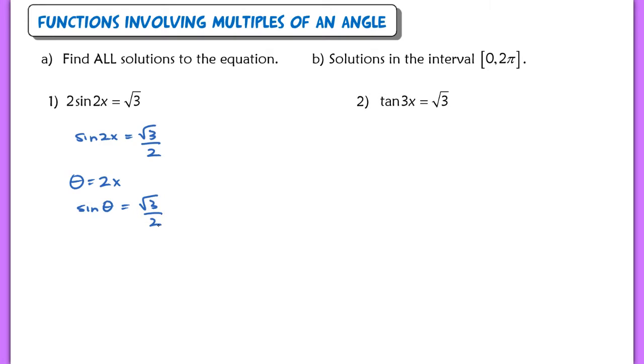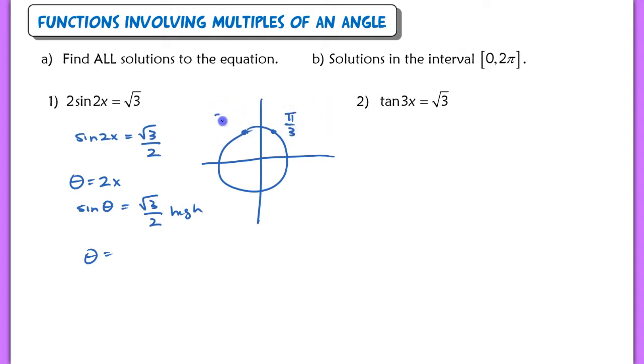So if I want to solve for theta, since this is the high point on your unit circle, this is going to be that pi over 3 family. So here at pi over 3 and at 2 pi over 3, that's where we have the sine of theta equaling root 3 over 2. So those would be my two solutions, 2 pi over 3 and pi over 3.